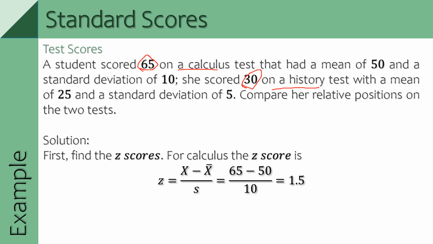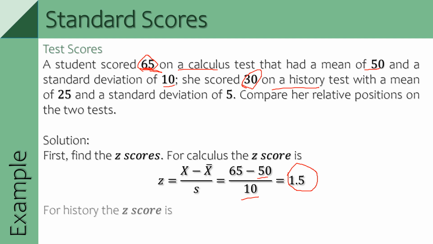So we have 65 as our raw score or the value, minus 50, which is the mean, and then over 10, which is the standard deviation. Okay, and that is equals to 1.5.